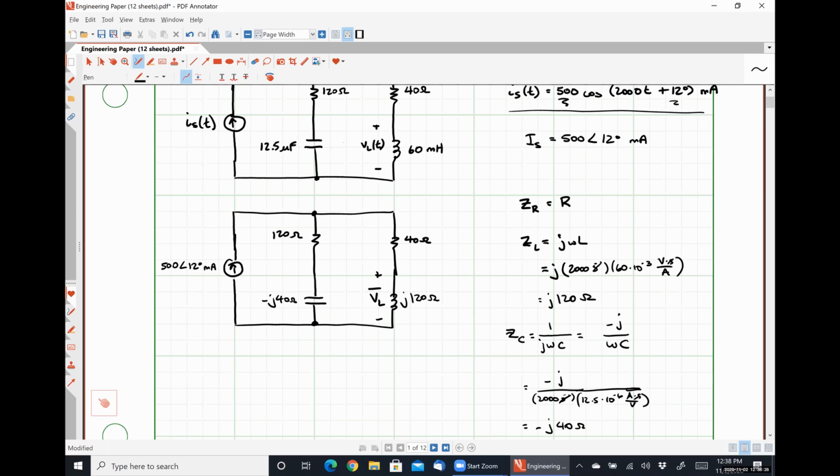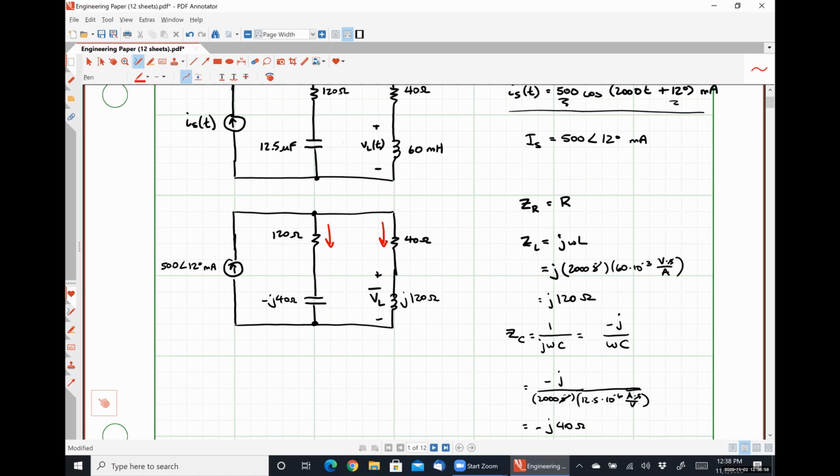So we have all of the information that we need given. How do you guys feel that we should approach determining this voltage VL? Current division. Okay, so I believe the suggestion is we find the current flowing through this branch and the current flowing through this branch.